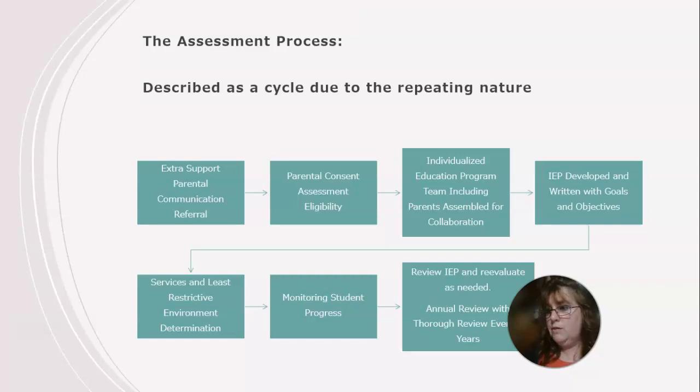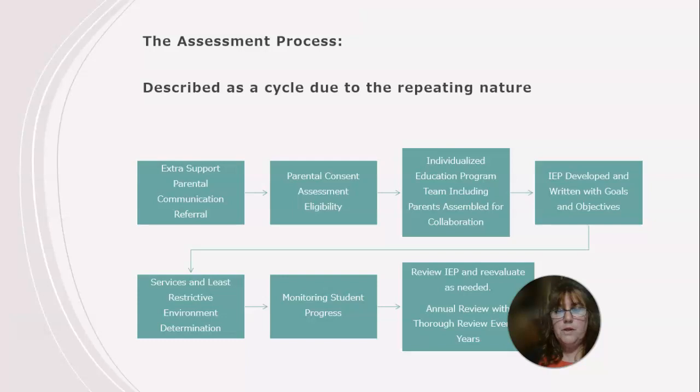So it repeats itself. We start out with extra support in the classroom. If we notice that there's some issue with academics or motor skills, something that's showing that we might need to make some accommodations, we might make some accommodations in the classroom for that student. Again, maybe preferential seating or pencil grips, or slowing down the instruction, those types of things.